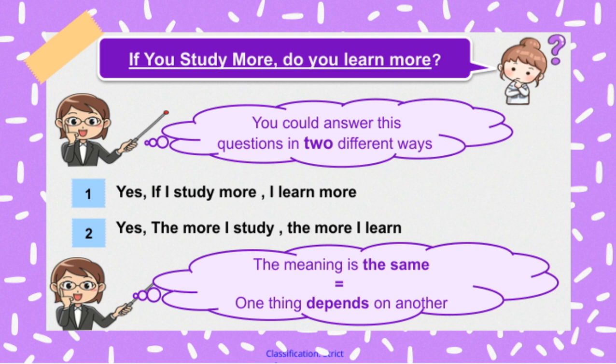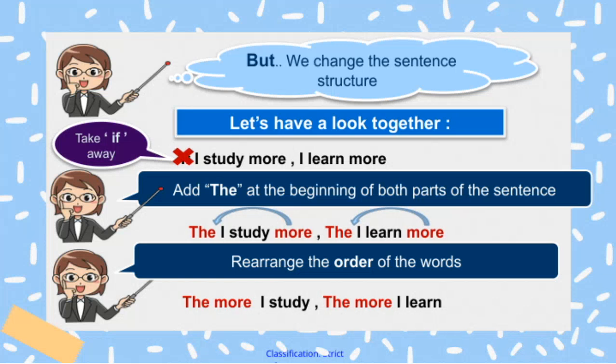This connects to the overall theme of understanding relationships between ideas and how expressing the same idea in different ways can help deepen our comprehension. It's about recognizing that different phrasing can still convey the same core meaning, which is a crucial skill in both learning and communication. The more I study, the more I learn. Now, let's look at this phrase from a different angle.